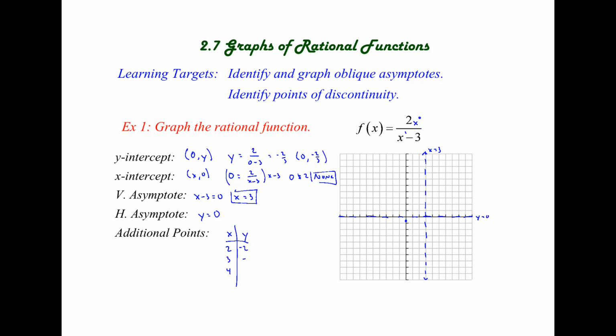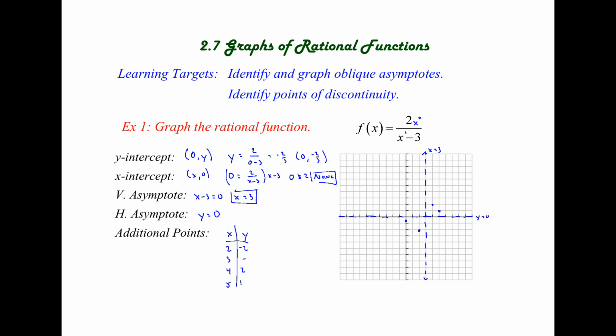When x is 4, y is 2, and when x was 5, y was 1. So if I plot 2, negative 2, and then 4, 2, and 5, 1, that gives me a pretty good idea. I could get a couple more points in there, but that gives me a good enough idea to sketch this one out.